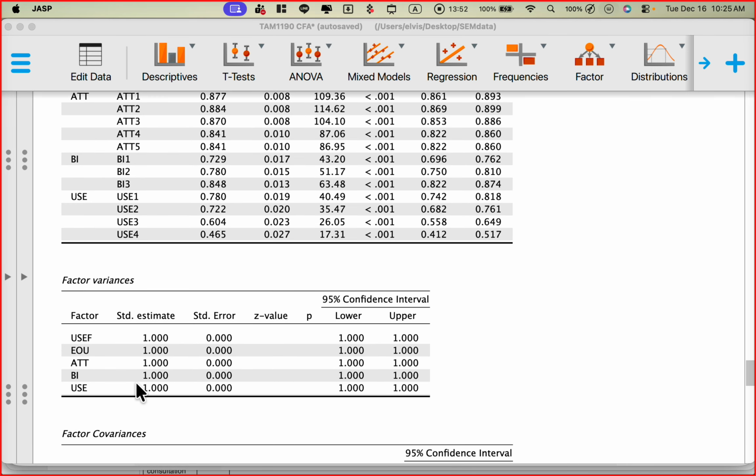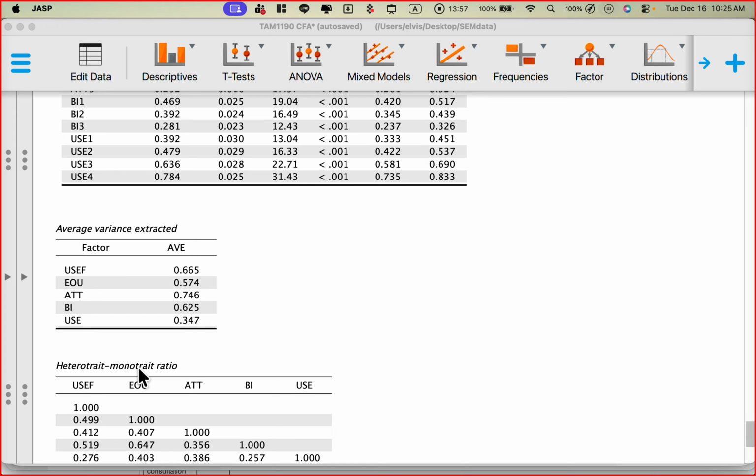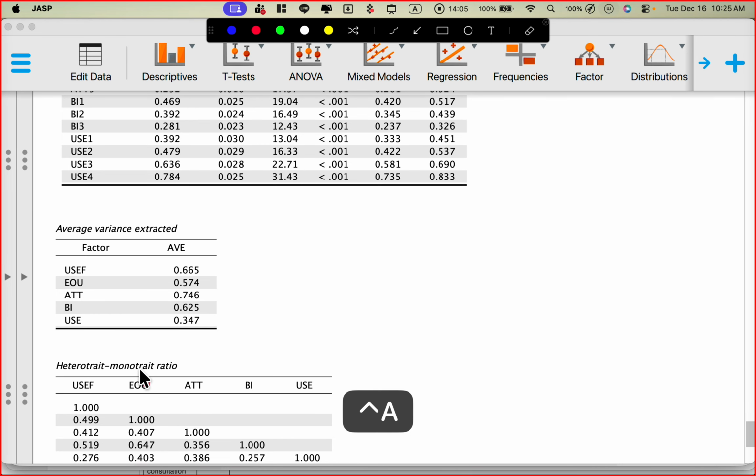And we also have to check the AVE. AVE is here. The AVE we usually need to be greater than 0.5. So this one is greater than, not 5%, 0.5. So it's okay.